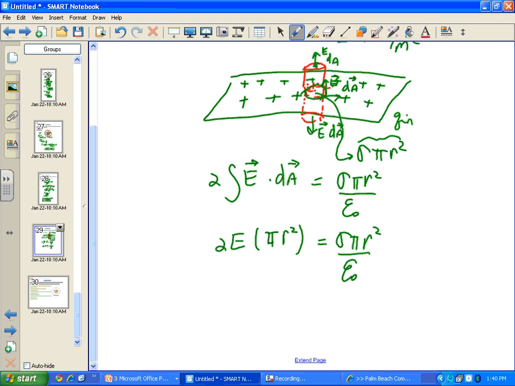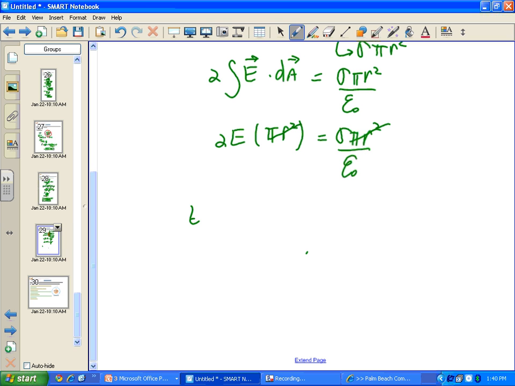But look here, pi r squared cancels on both sides, and therefore the electric field is calculated as sigma divided by 2 epsilon naught in the r hat direction, which means basically it doesn't have a spatial dependence.